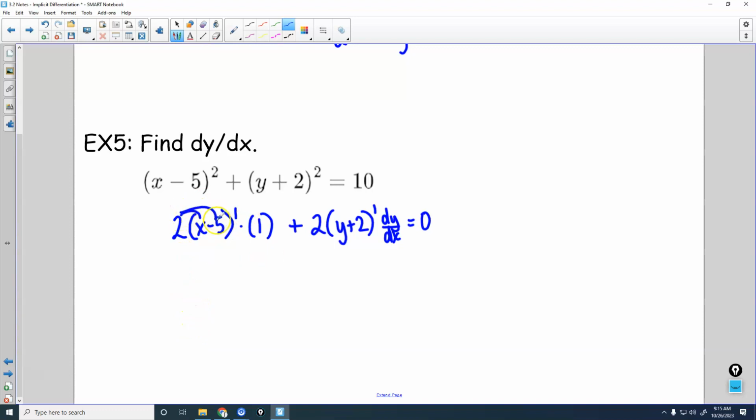So I can distribute that 2 right there. I will get 2x minus 10. Over here, I've got the dy/dx. I want to distribute, so I'm distributing the 2 and I'm distributing the dy/dx. Are you guys all right with that? If I do that at the same time, I've got 2y dy/dx plus 4 dy/dx equals 0.